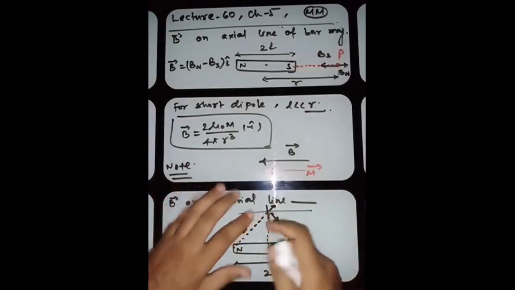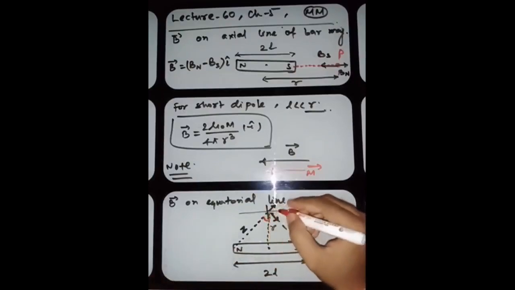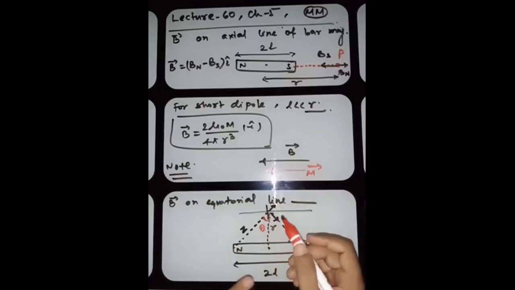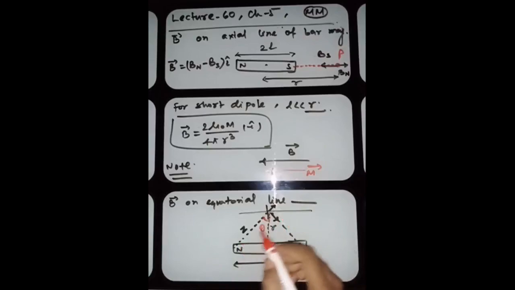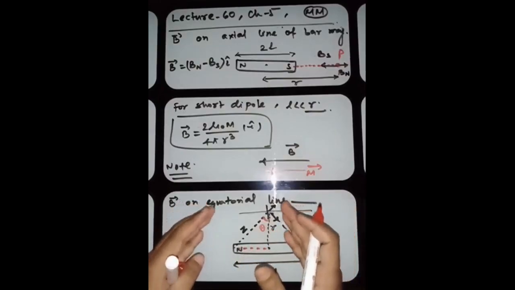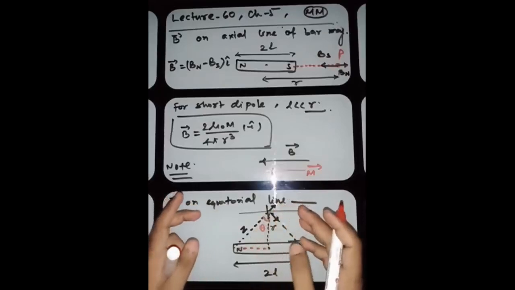After finding the magnetic field, suppose here the angle is theta, because you are breaking the components along theta, sin theta and cos theta, and you need to find their values. Using this triangle, you can find sin theta and cos theta. All together you will find an equation. You have to shorten that equation using the concept of a short dipole.